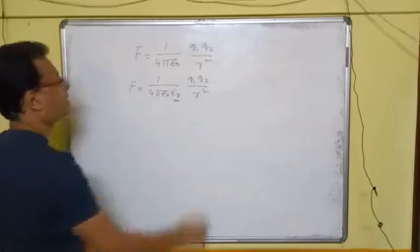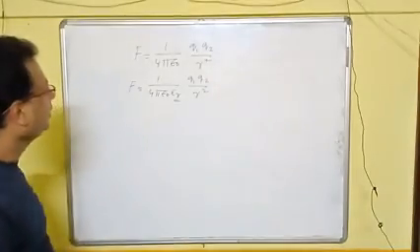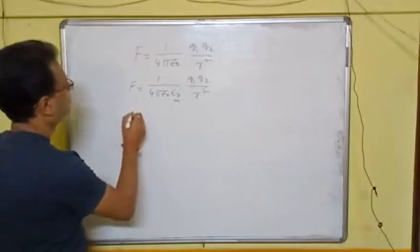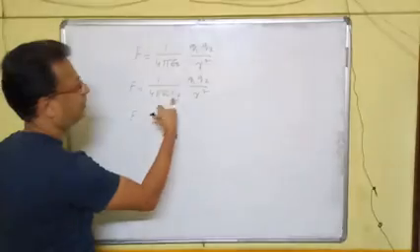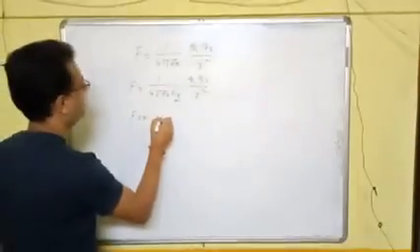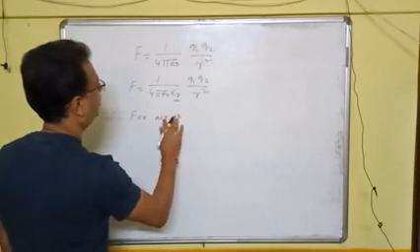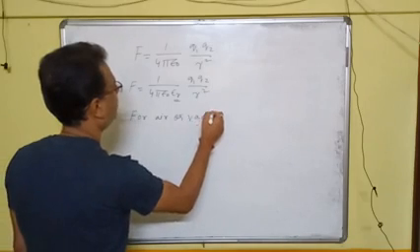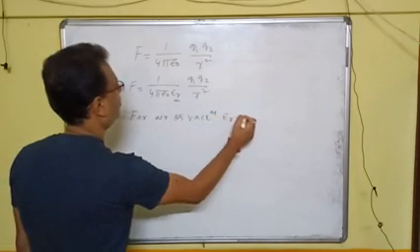Here epsilon r is the relative permittivity. Now for air or vacuum, we can take epsilon r to be equal to 1.